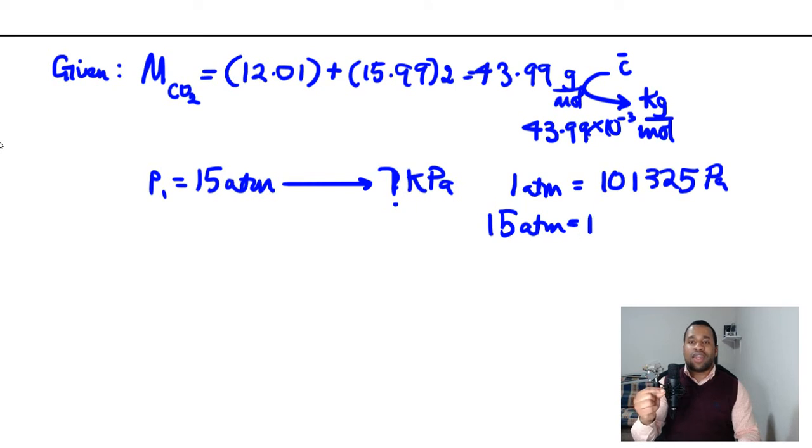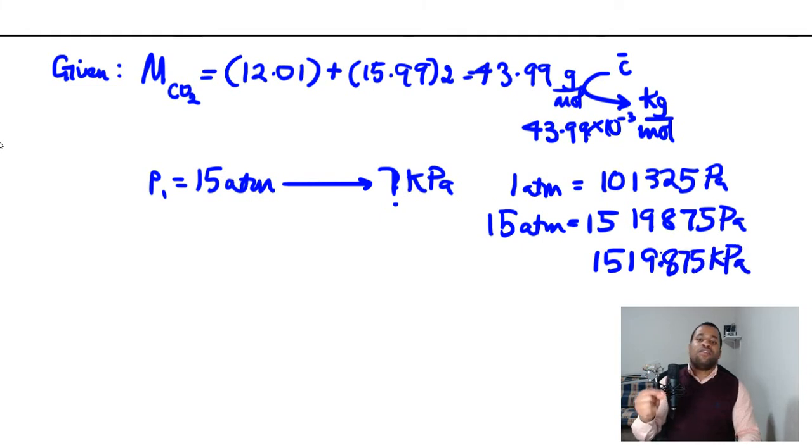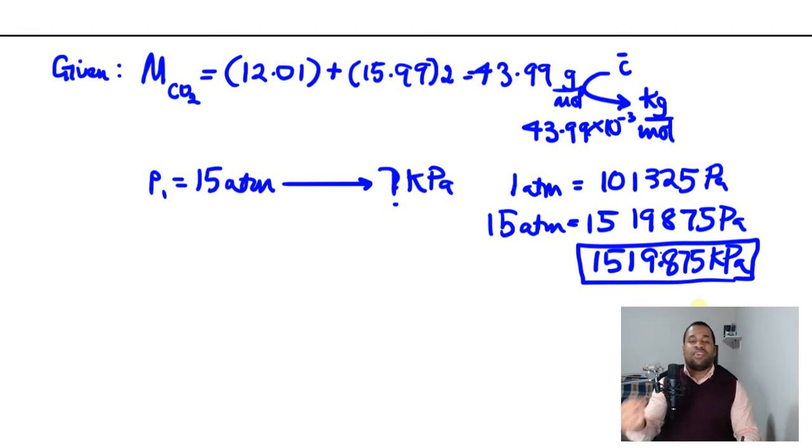Therefore, our value now is 1519875 pascal, or in this case we have 1519.875 kilopascals. So that is one thing to keep in mind in here. We need to change our units in here to pascals instead of using atmospheres, because we're going to be borrowing heavily on the constant for the Boltzmanns and also the R value.